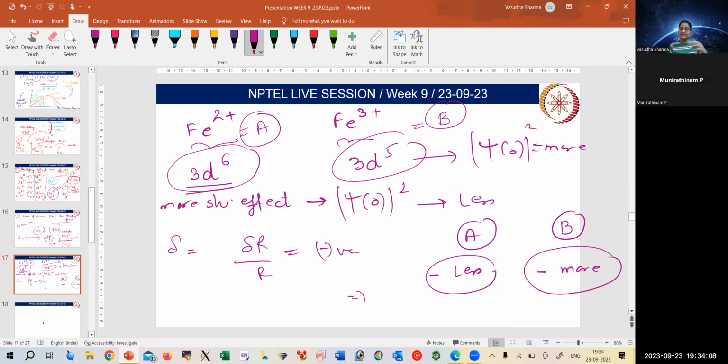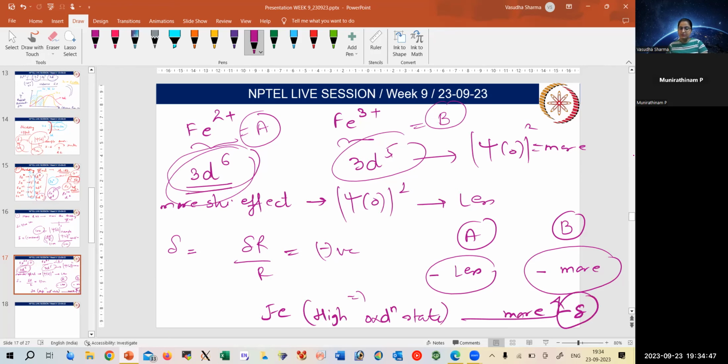So this becomes less negative compared to B. So this 3d6 will give you more shielding, but the s electron density penetrating into the nucleus would be less. When it is less, the delta value becomes less. So when we have iron in a high oxidation state, that is going to give you a more negative delta value.